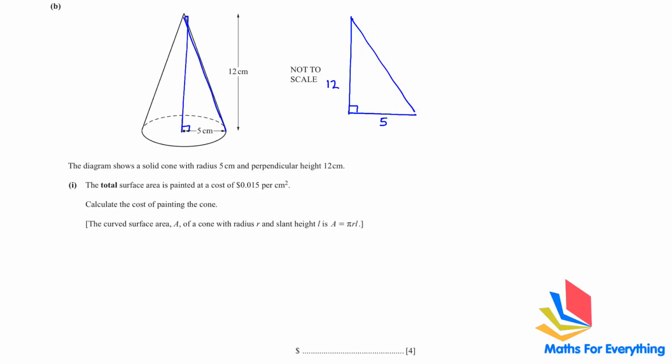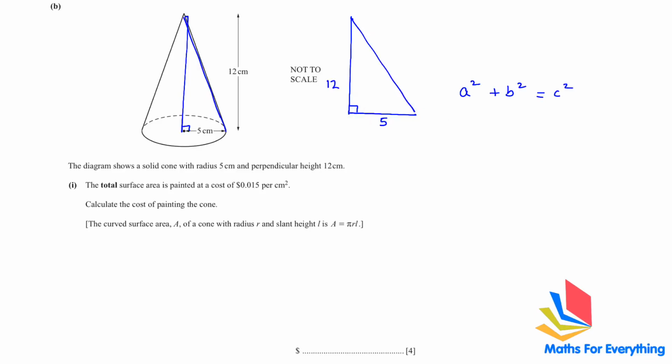So we need to use the Pythagoras theorem. If it is a right angle triangle and two sides are given to you, to find the third side, we use the Pythagoras theorem, which is a square plus b square is equal to c square. A and b can be either of the sides, it doesn't matter. But c is your hypotenuse, the side which is opposite your right angle.